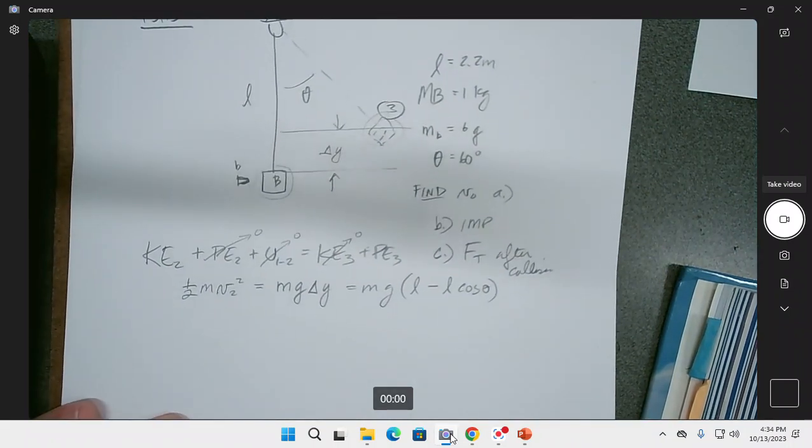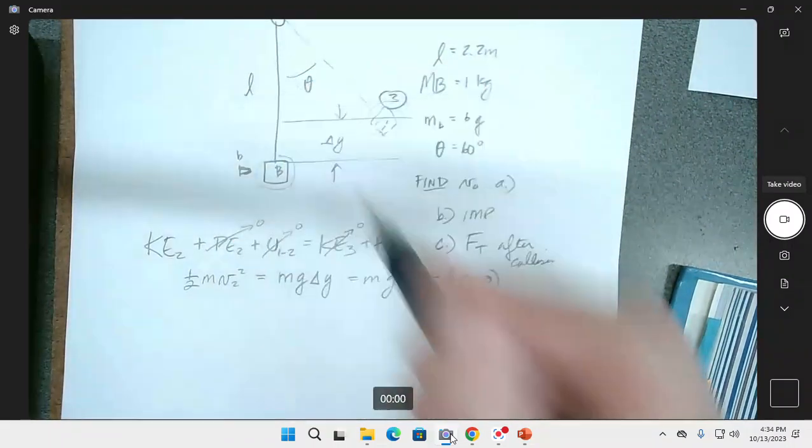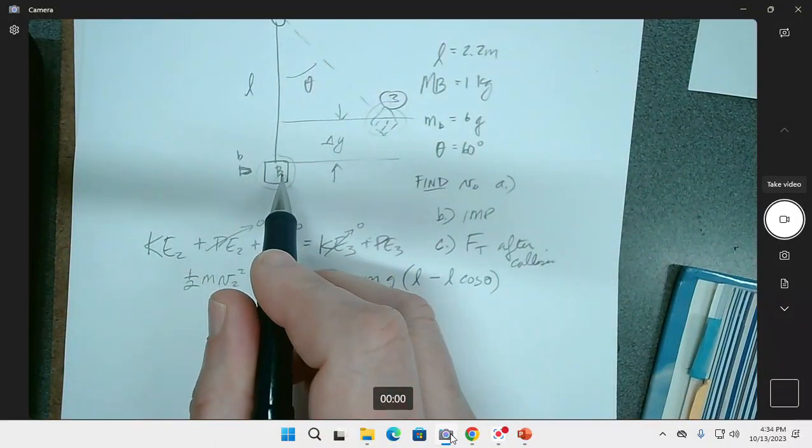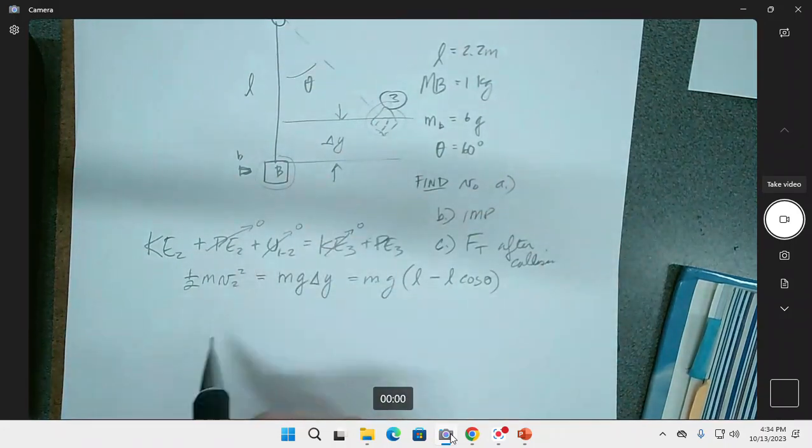That happens a lot. And this mass right here should be the mass of the bullet and the block together.